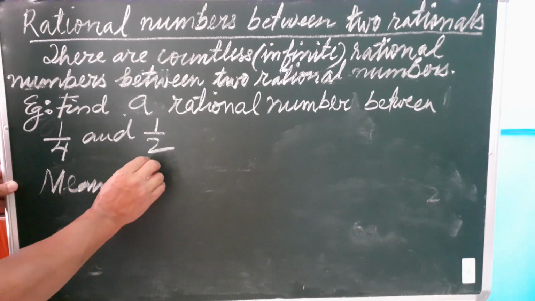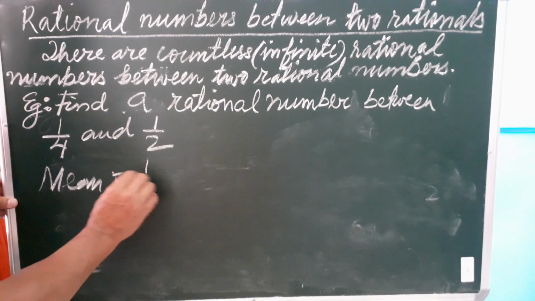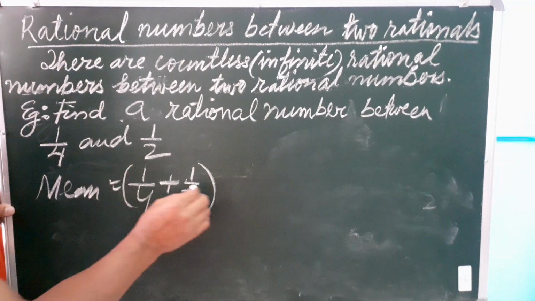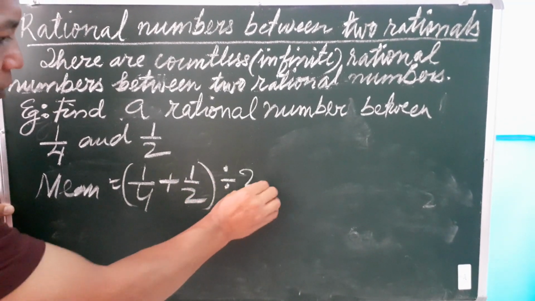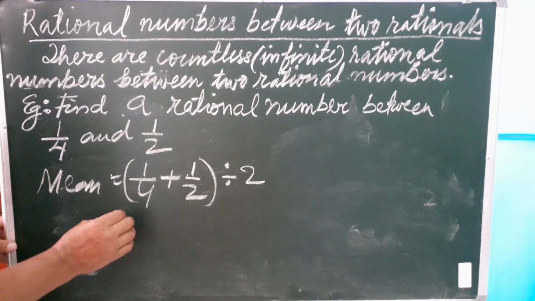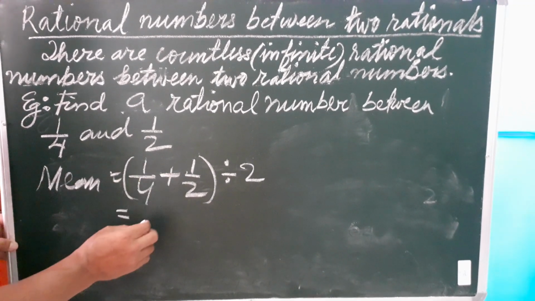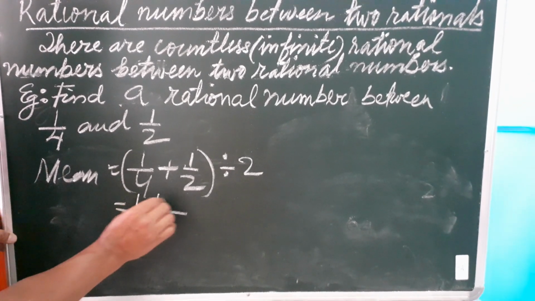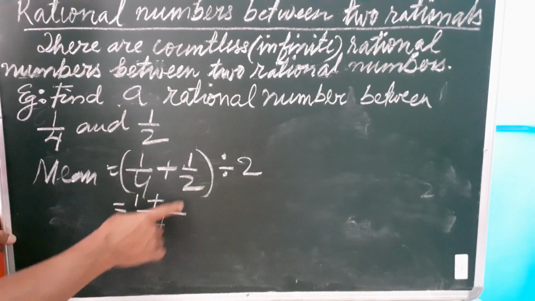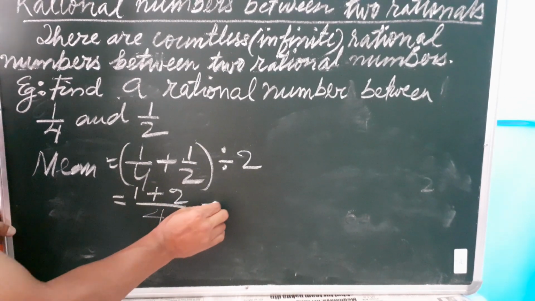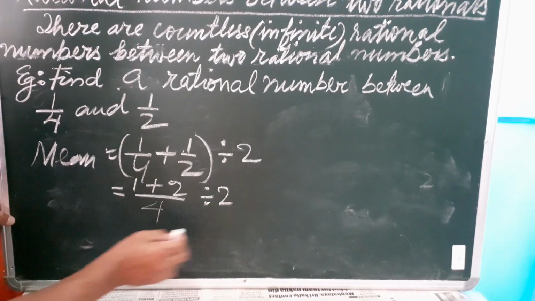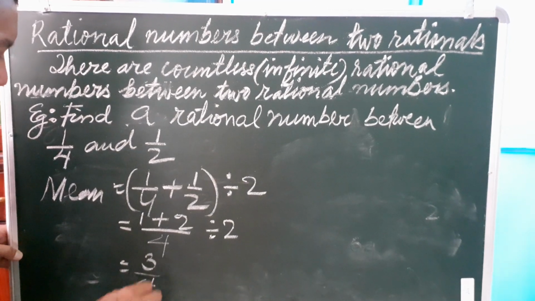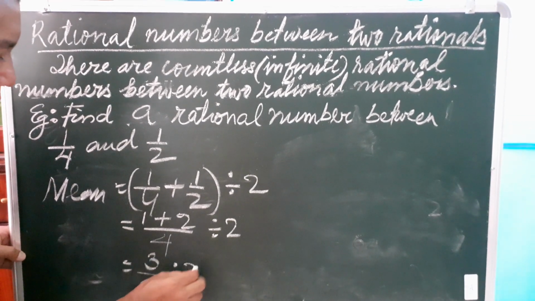The mean of 1 by 4 and 1 by 2 will be 1 by 4 plus 1 by 2, divided by 2. Now 1 by 4 plus 1 by 2: the LCM is 4, so 1 plus 2, which is 3, by 4, divided by 2. 3 by 4 divided by 2.